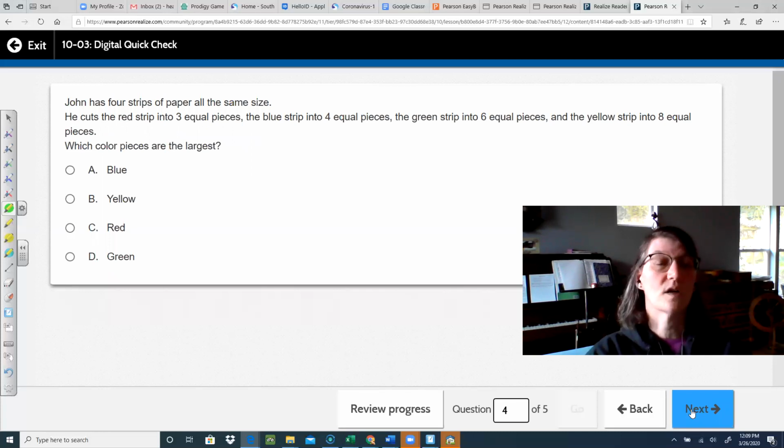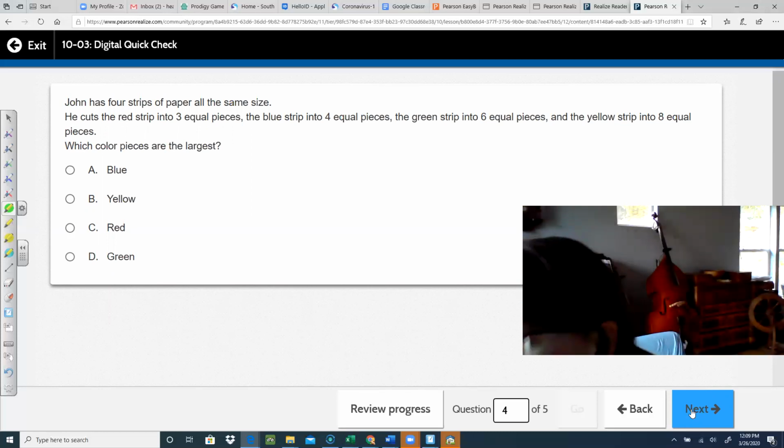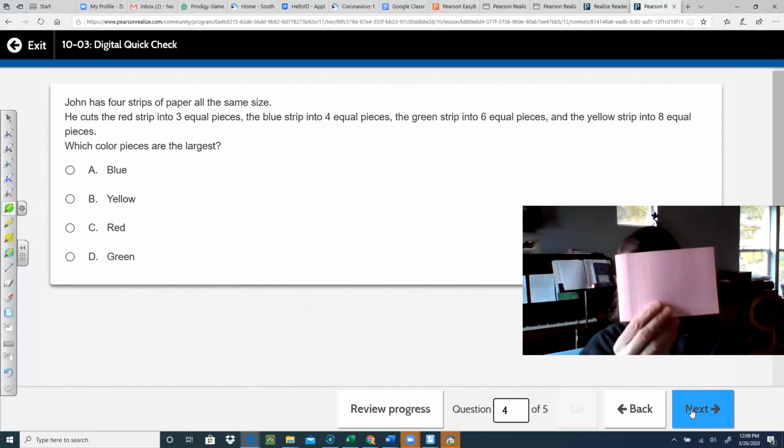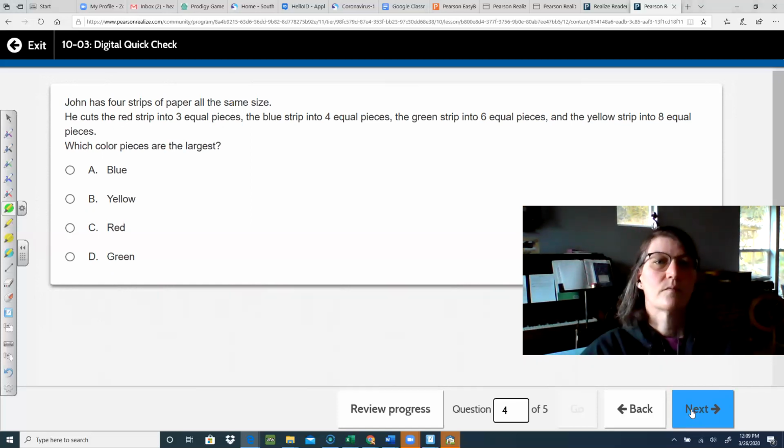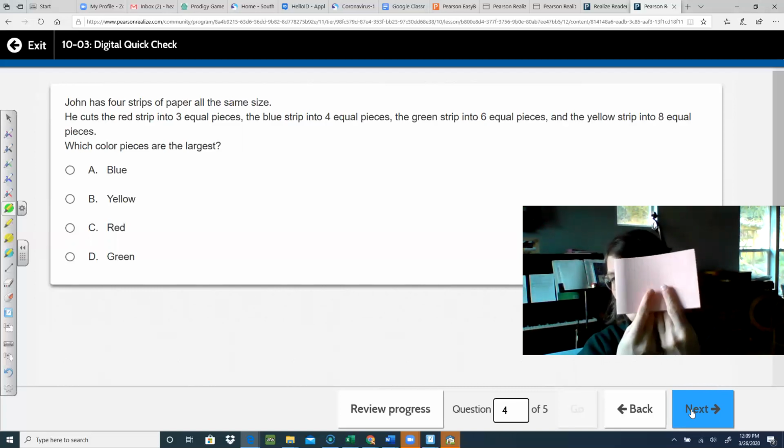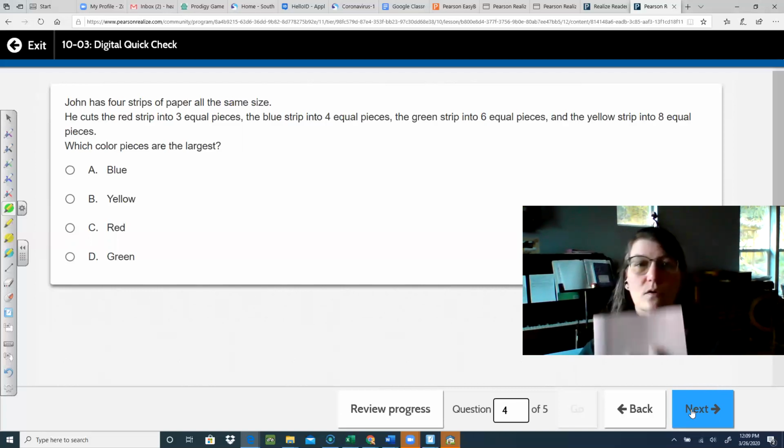Okay, number 4. Jason has 4 strips of paper, all the same size. So that's like saying he's got 4 chunks of paper, all the same size, but they're in different colors. So there's a red one that he cuts into 3 equal parts. So imagine he's cutting into thirds.